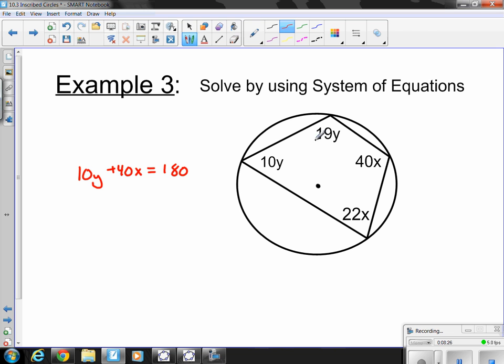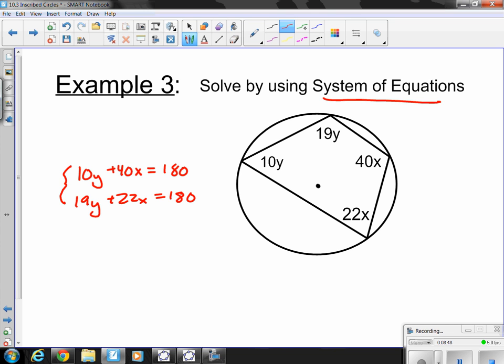And also 19y plus 22x equals 180. And now we need to solve for x and y. So this is a system of equations. We have two equations, two unknowns.